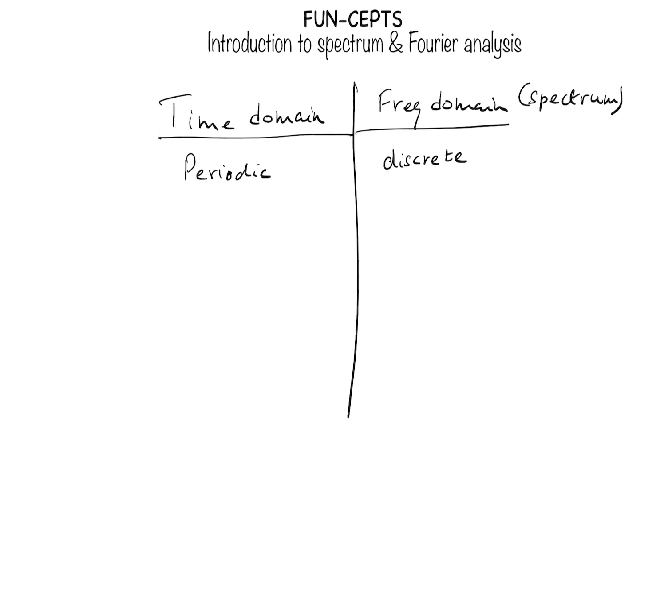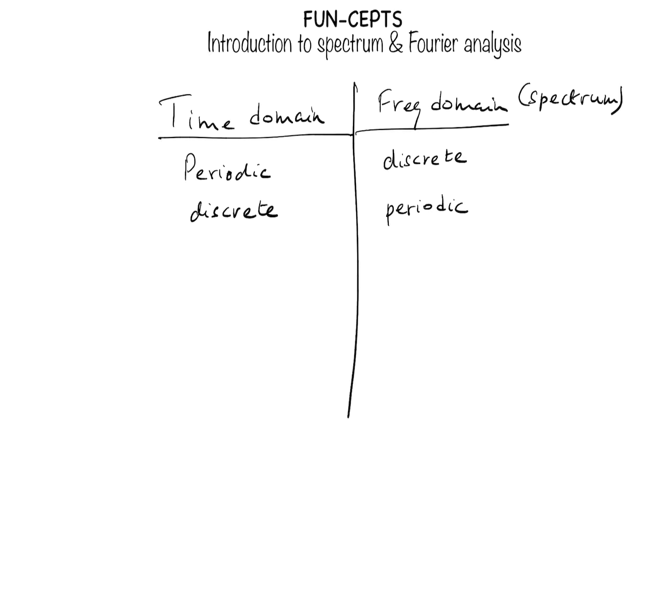And the opposite would also be true. If we have something discrete in the time domain, then we are going to have the frequency domain or the spectrum to be periodic.